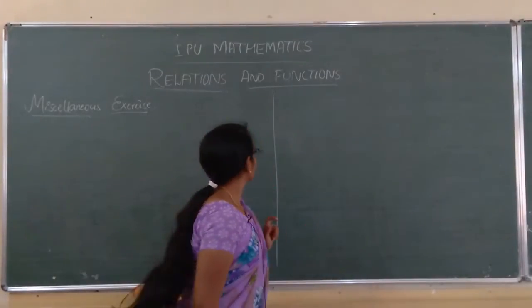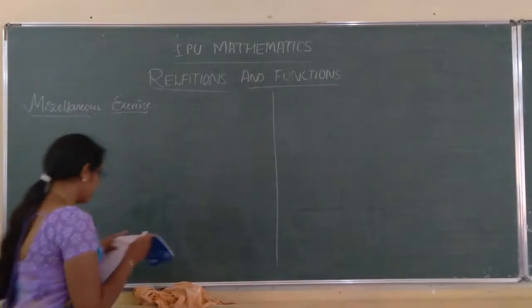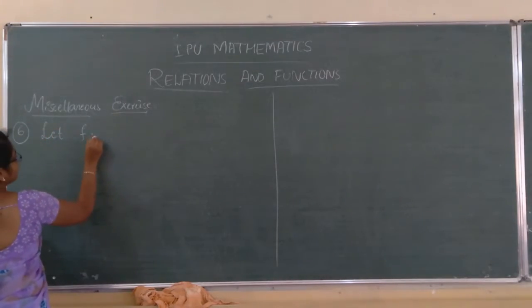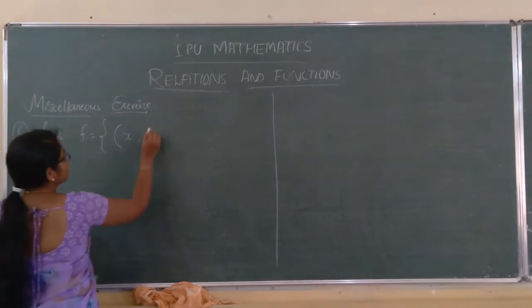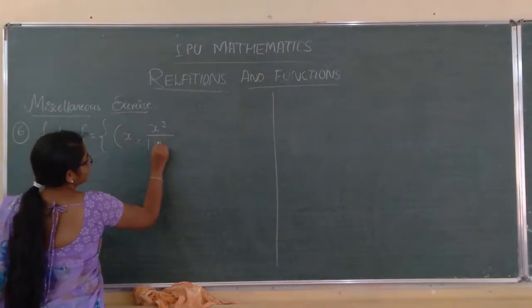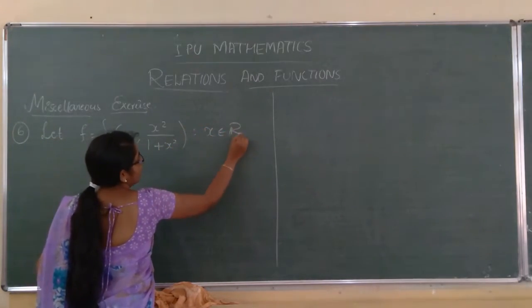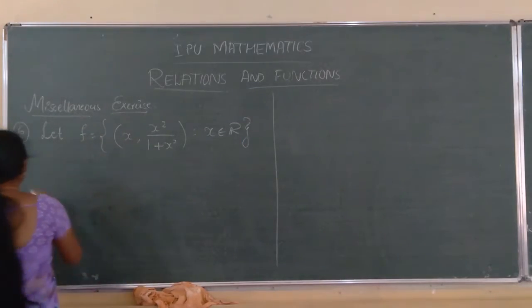So, let us move on to the next problem, that is, the sixth problem. Let f be equal to the ordered pair x comma x square divided by 1 plus x square, such that x belongs to R. This is how they have given the function.